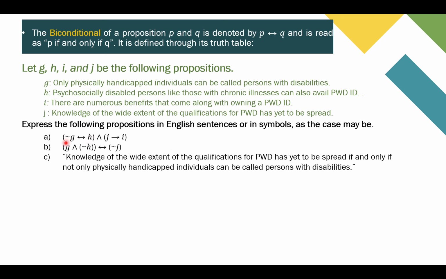We have the not G. Then we have if and only if. We also have and, and we also have if then. So it looks very complicated. You may pause the video and try to write it down to practice it.